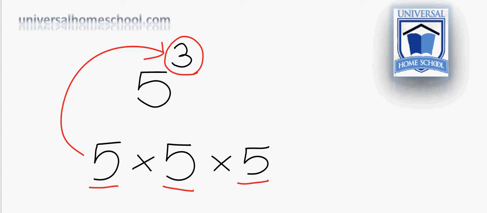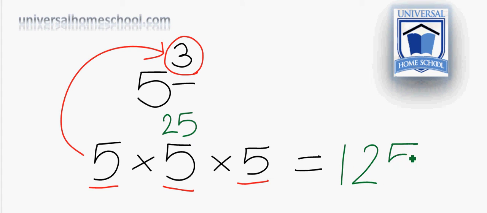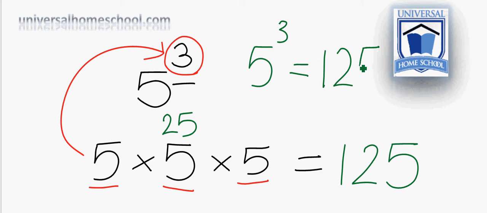Therefore, there would be 3 5's written down. So 5 times 5 times 5, well, 5 times 5 we know would be 25, times another 5 would be 125. So 5 to the power of 3 would equal 125.